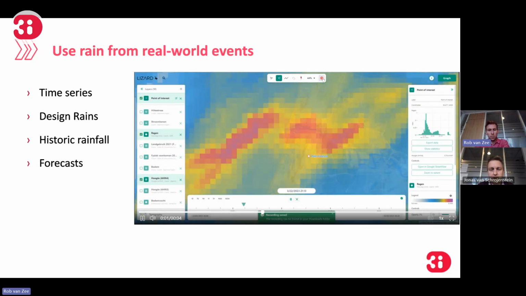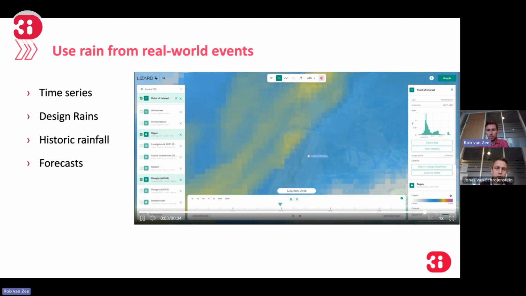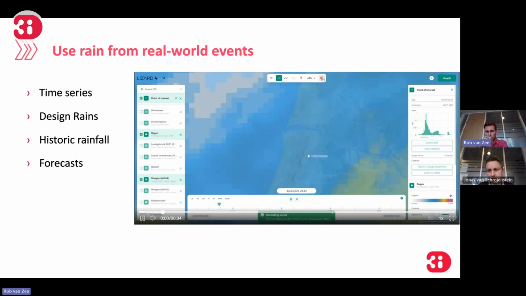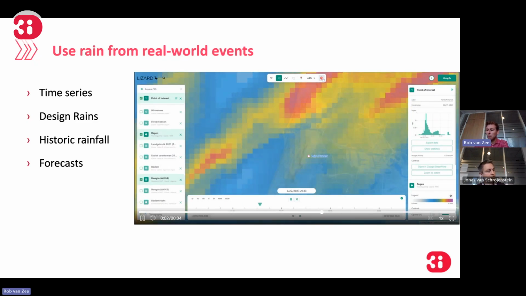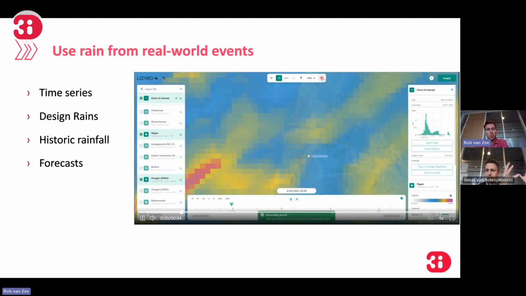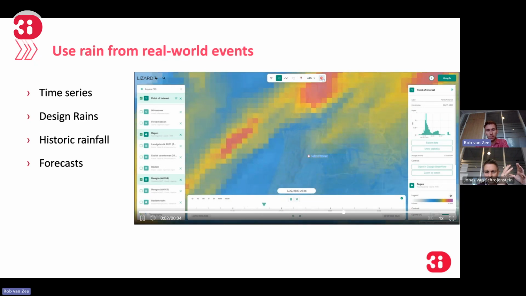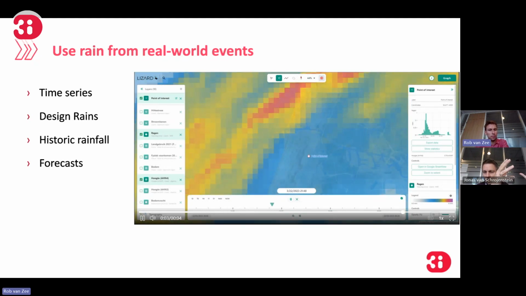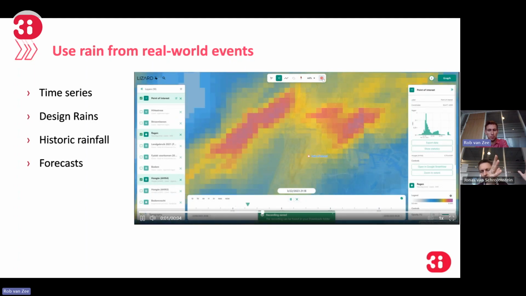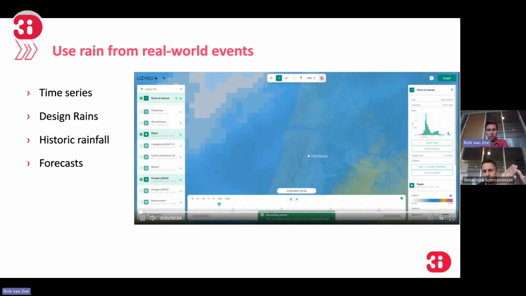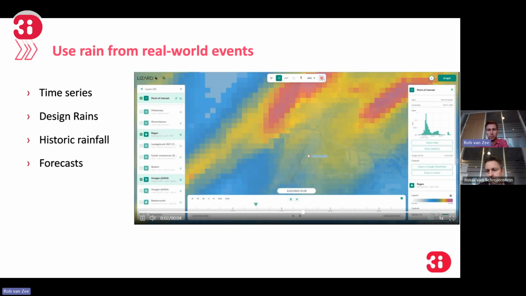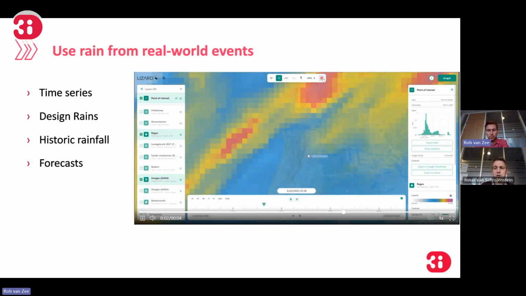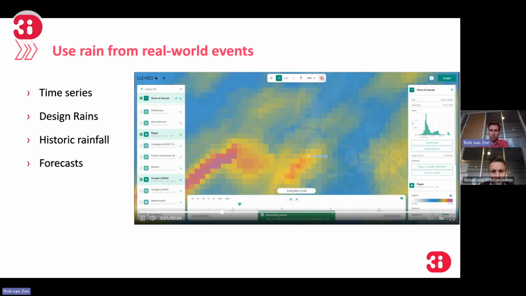For that, we have also potentially hooked up to forecasting systems all over the world that you can use for a forecast. And the nice part about this is that you can go from very complex rainfall that is changing over time, but also spatially different, to very uniform rain, constant all over your model. And it's up to you, the modeler, to decide which one of these options to use.